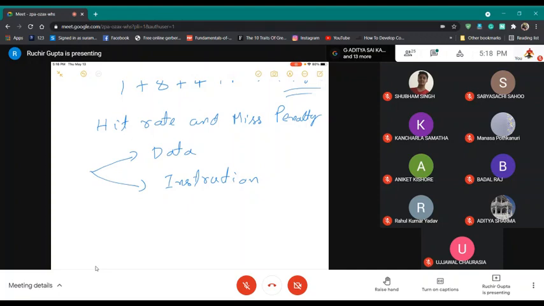Instructions will have better hit rates because there is a limitation of the instructions, and suppose there is a loop already there, or a function being called.